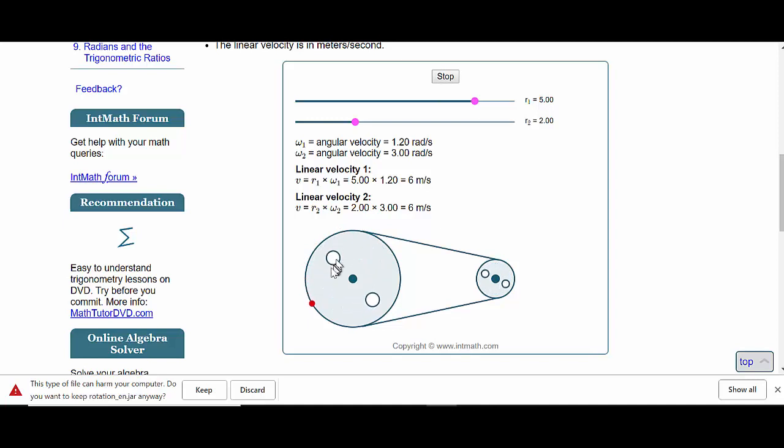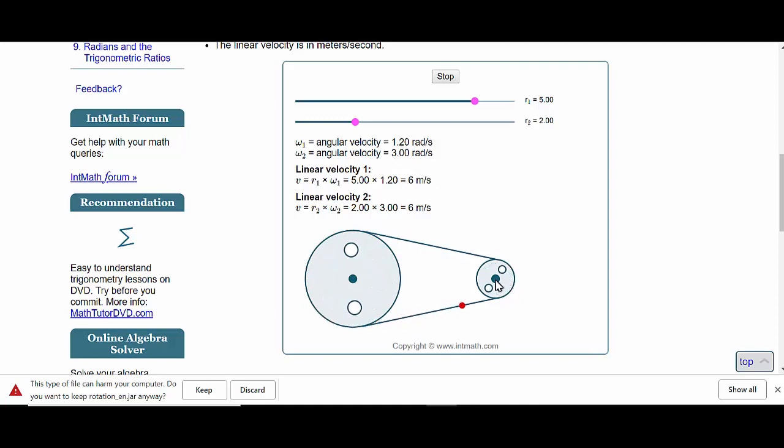This big sprocket has an angular velocity it's reading out right now of 1.2 radians per second. So every time a second goes by, it's going to go through 1.2 radians in that particular second.